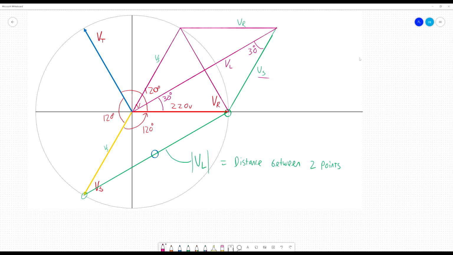Therefore, we can say that the line voltage is going to be 2 multiplied by the cosine of 30 degrees multiplied by the phase voltage.